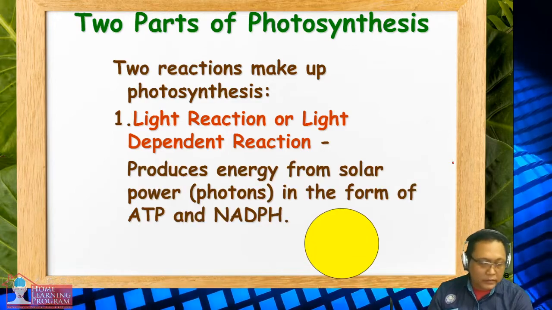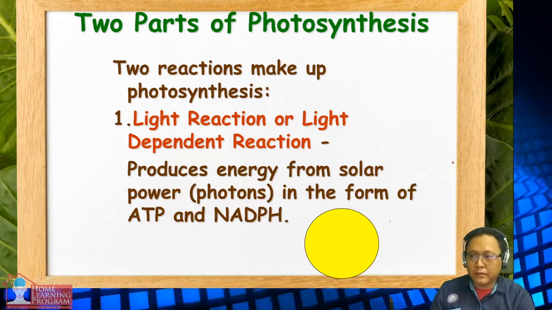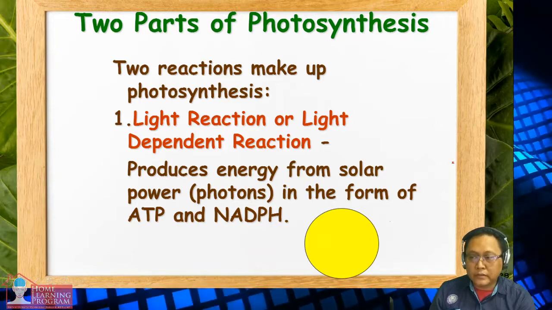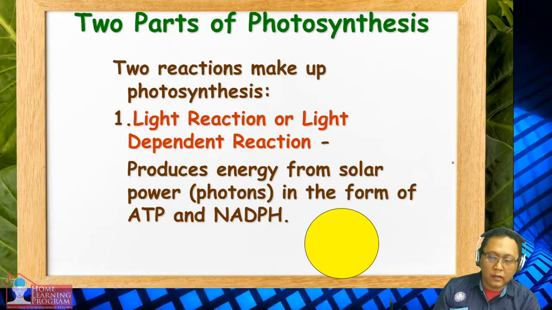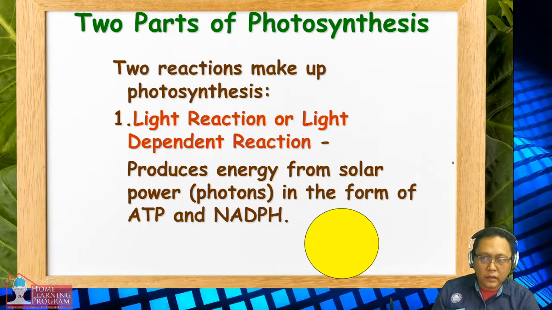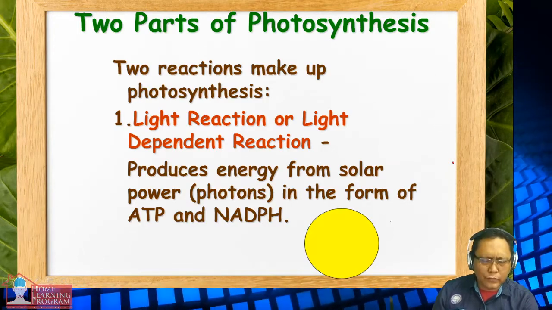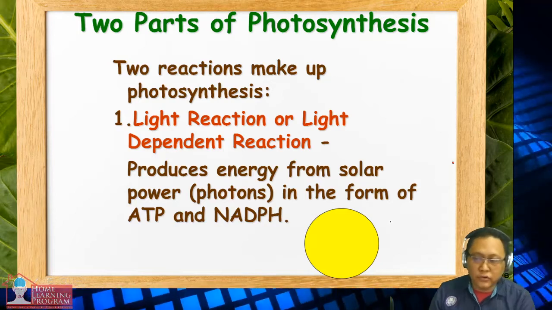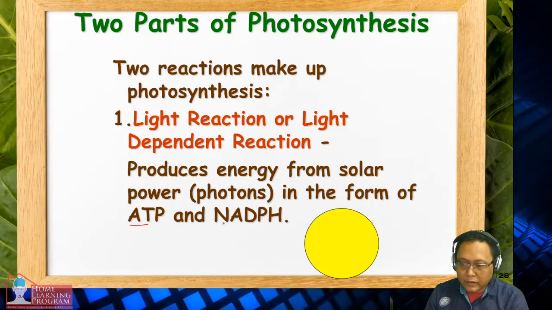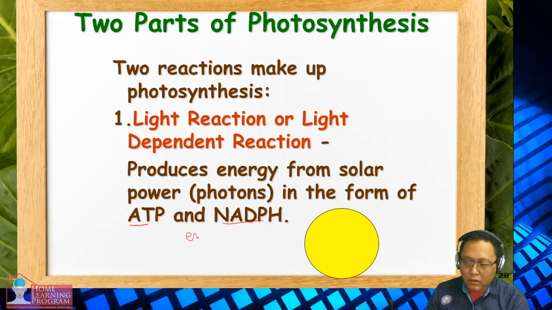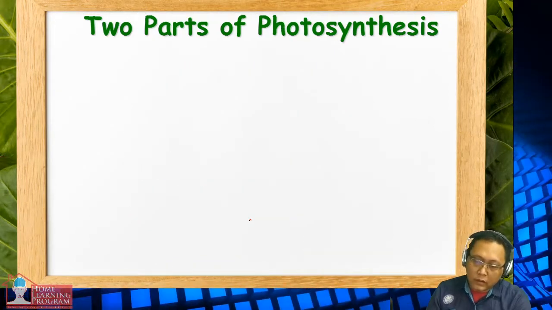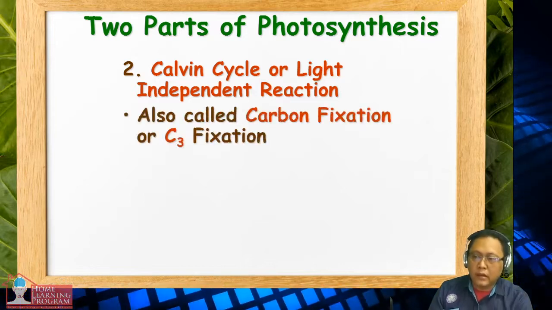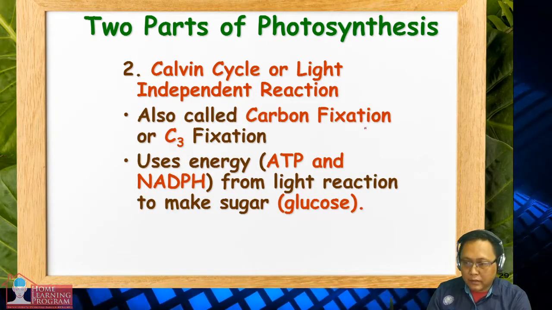So, just a recap. These are the two parts of photosynthesis: the light reaction that requires light. The function of this first step is to produce ATP and NADPH, or energy, because the second step will use this energy to fixate carbon.